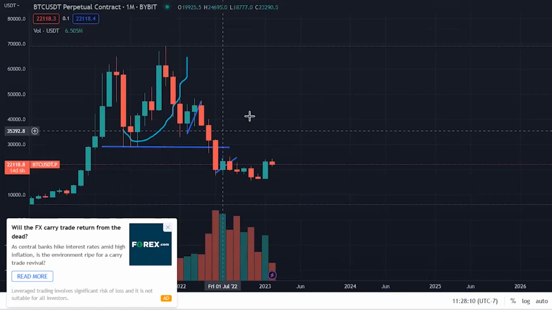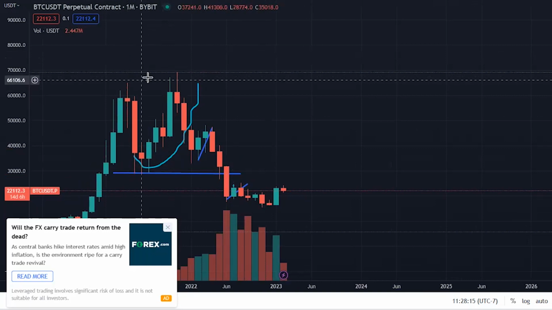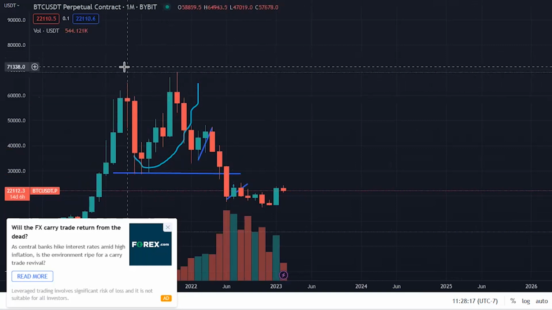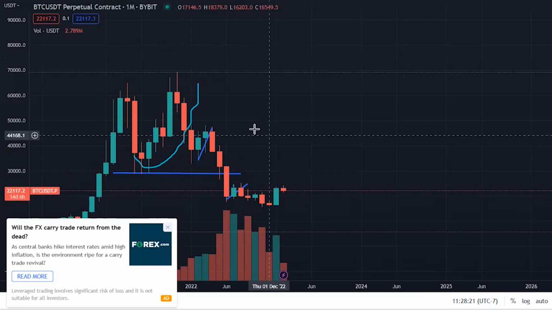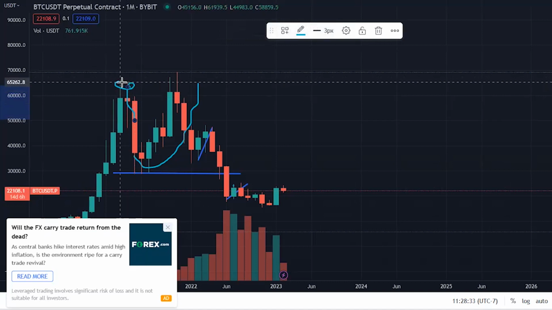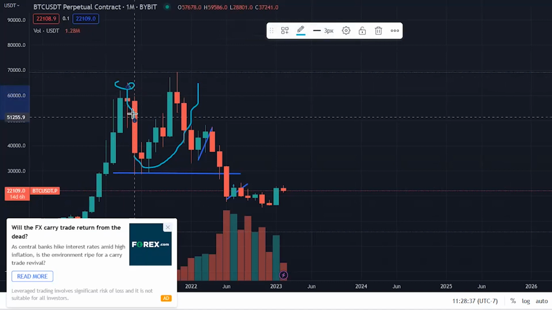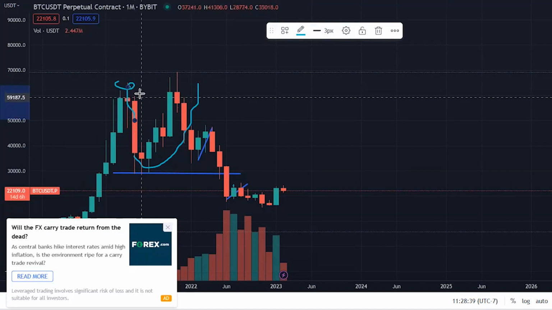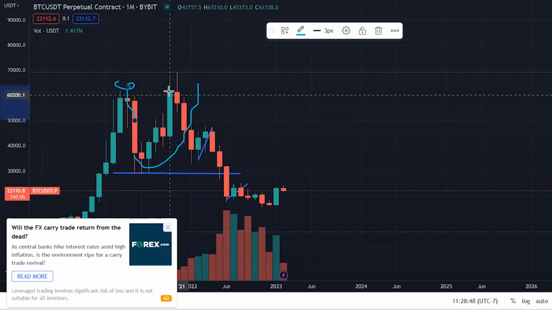And then for the resistance, basically you want to look at the upside. Where did the price start falling down after it got to a certain price level? We can see here, after this pump, the price started falling. So this area could be marked as resistance, but we need more candles to be able to prove it. After this drop here, the price found support and then started going back up.